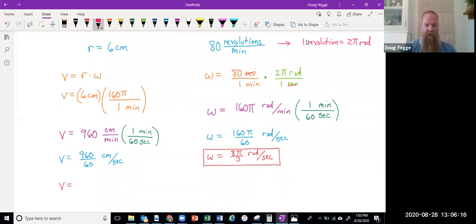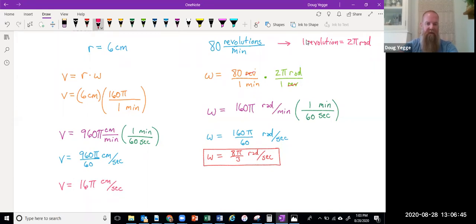I'm sorry, I forgot something up top here, which was really important. Shame on me for doing that. There was an extra pi here. So notice that this should have actually been 960 pi centimeters per minute, which means that it's actually 960 pi over 60. Okay, so that final result gives me 16 pi centimeters per second.